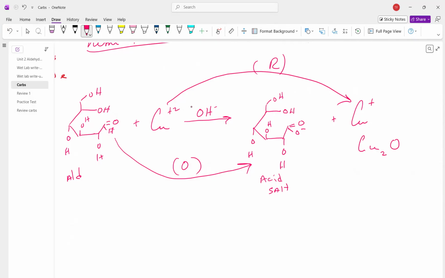Now, what I did for your dry lab for unit 2, I gave you a bunch of carbohydrates, and then I answered 5 or 6 questions about each one of them. And look at the answer. That's going to be very similar to your tests. So you need to determine, is this carbohydrate a reducing sugar?